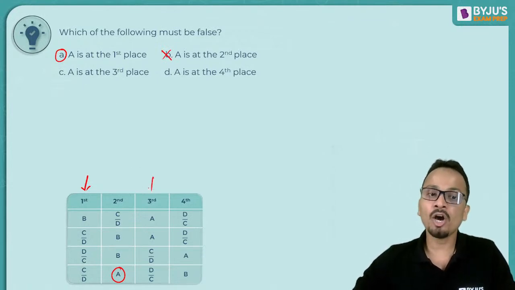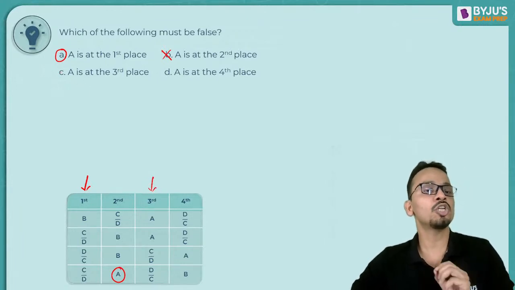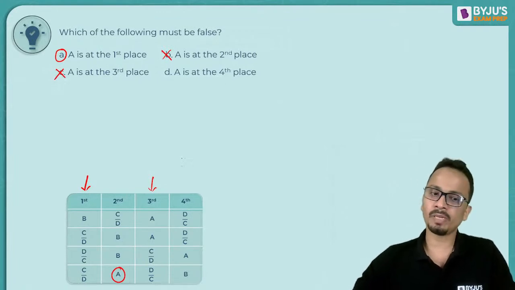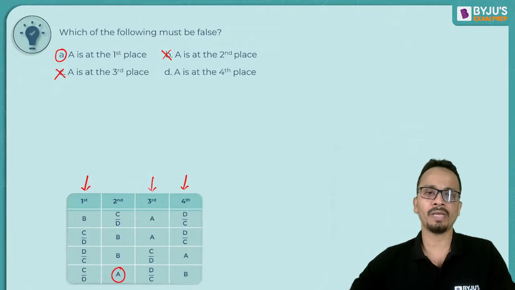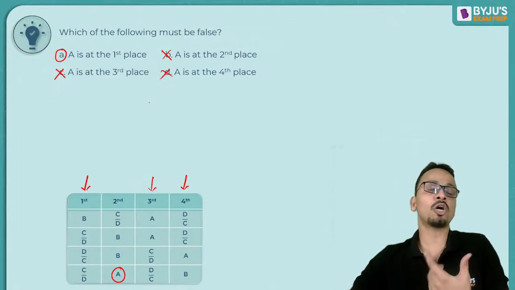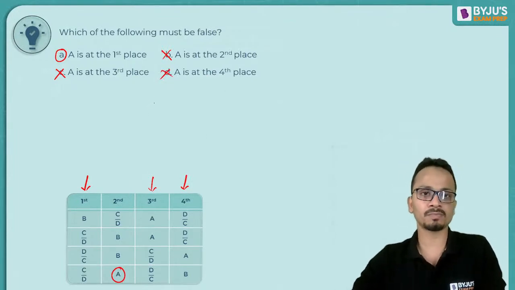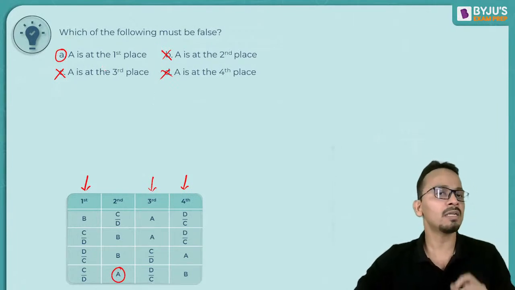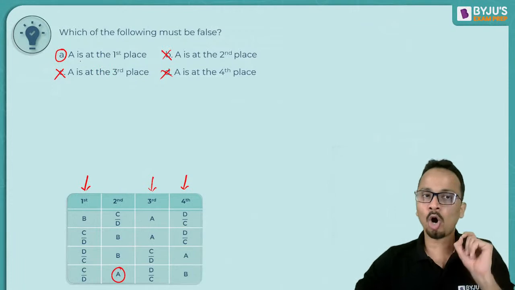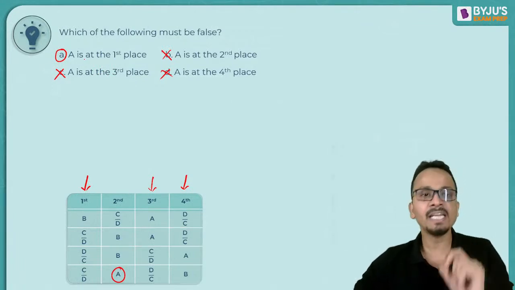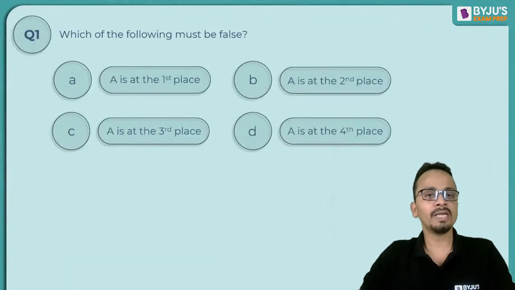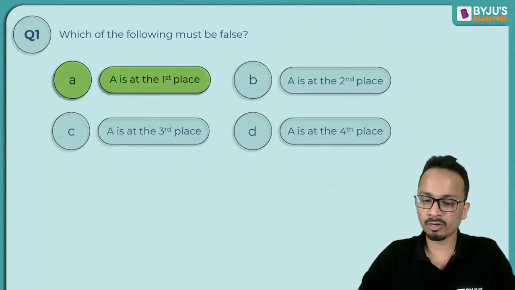A may or may not be at the third place again, so option C is not definitely false. Option D, A is at the fourth place. Again, A may or may not be at the fourth place, so this option may or may not be false. But we have seen that A will never come at the first place. So option A is definitely false and hence it is our correct answer. All right, so option A is the correct answer for this question.